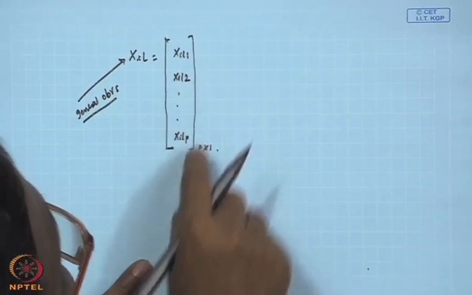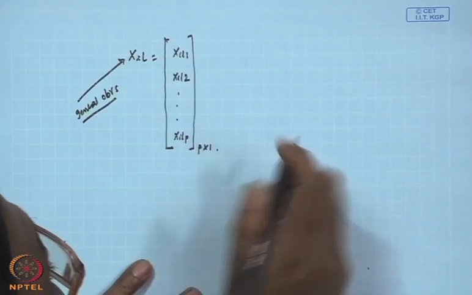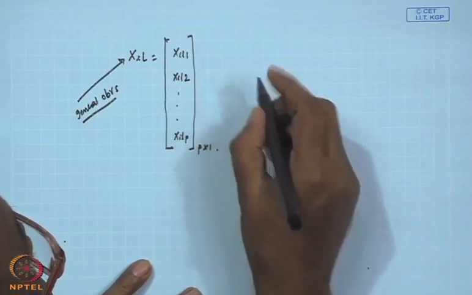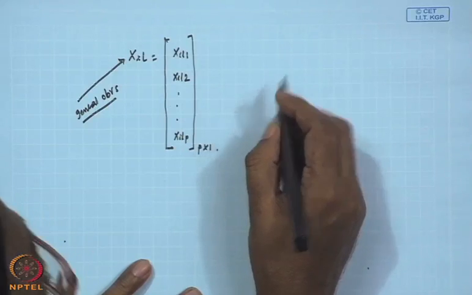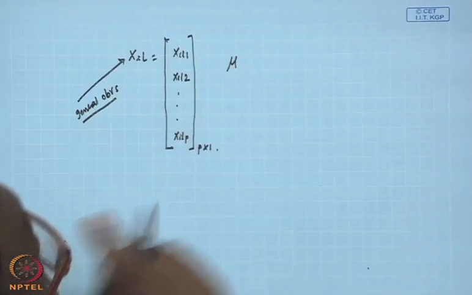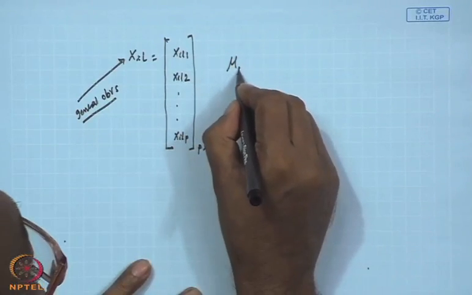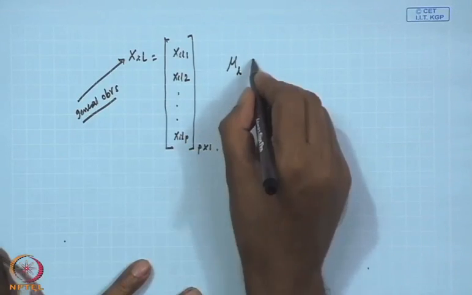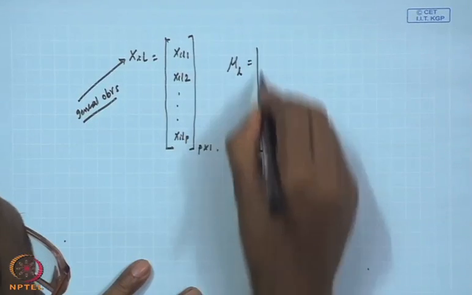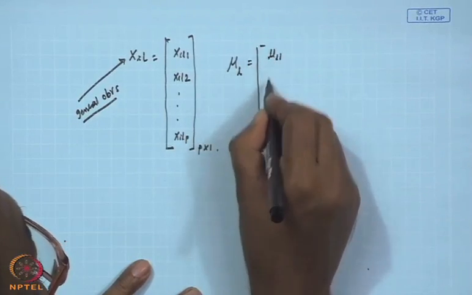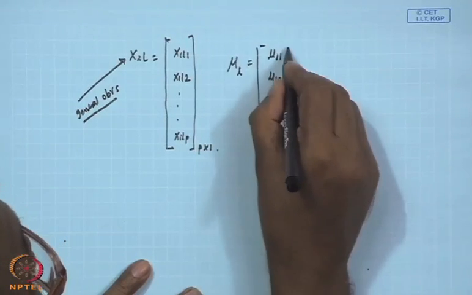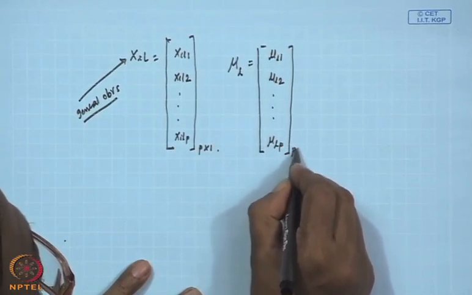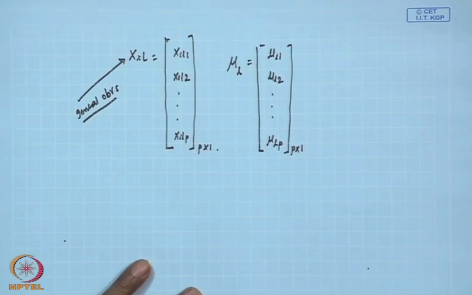As you have p variables, you also have p mean values. So, now I am writing the mean vector for population L: there will be p mean values, mu L1, mu L2, like this mu LP, p cross 1.